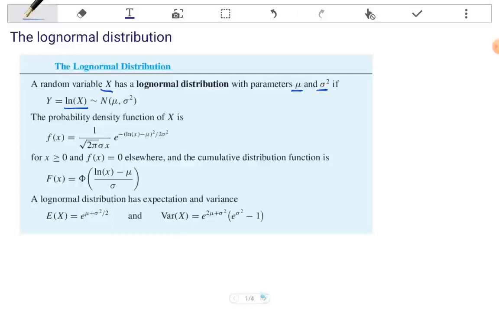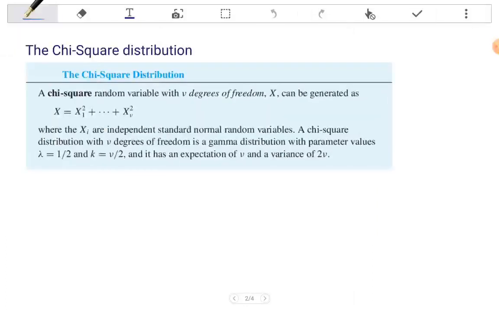The next distribution that we will need is the chi-square distribution. The chi-square random variable always has this parameter v, which is called the degree of freedom of the random variable. So when we talk about chi-square, we always talk about degrees of freedom.